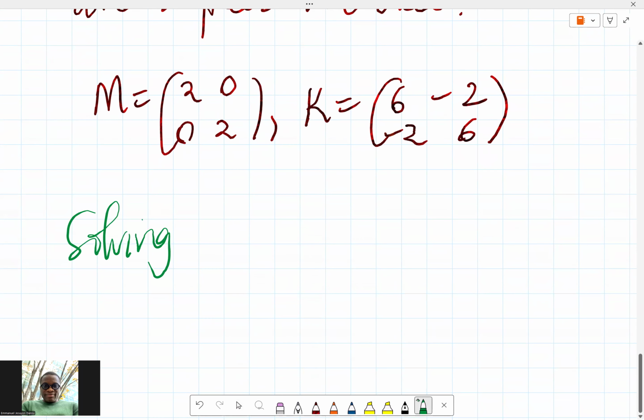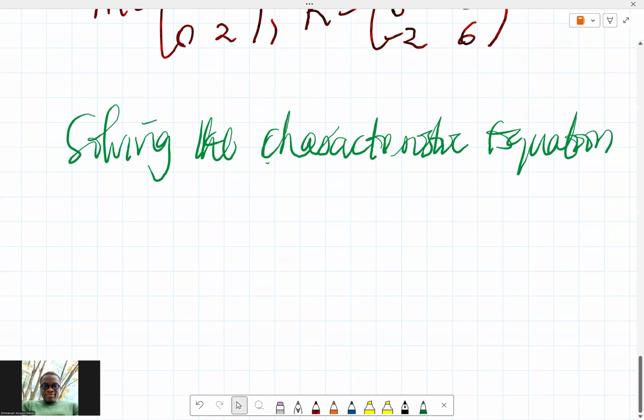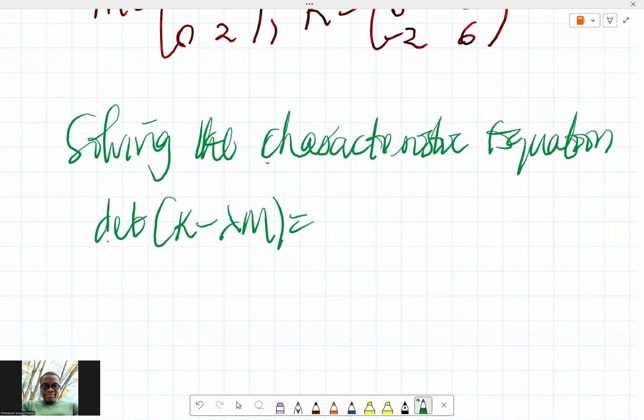Solving the characteristic equation, we have the determinant of K minus lambda M, as stated up there, equals 0.